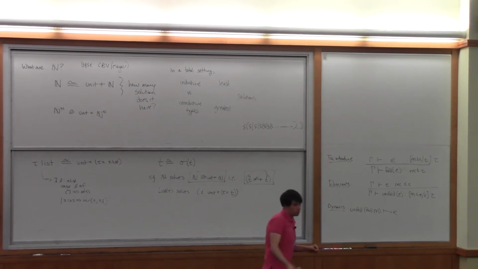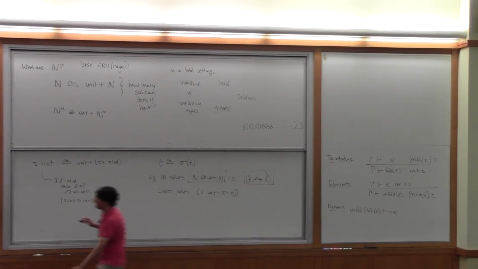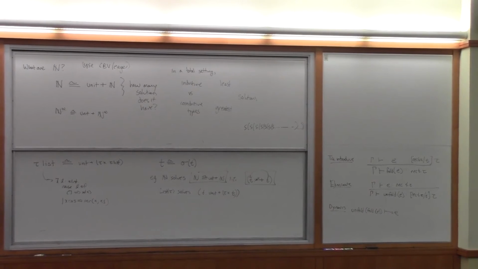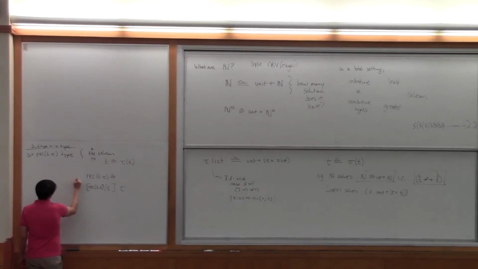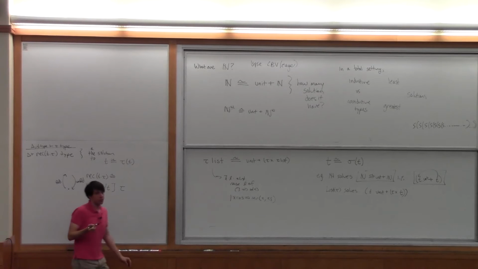Okay? So what is this equation? Unfold of fold of E steps to E. It's exactly, since we have fold going that way and unfold going that way, saying that if I start here, fold it and unfold it, then I get back to where I started.